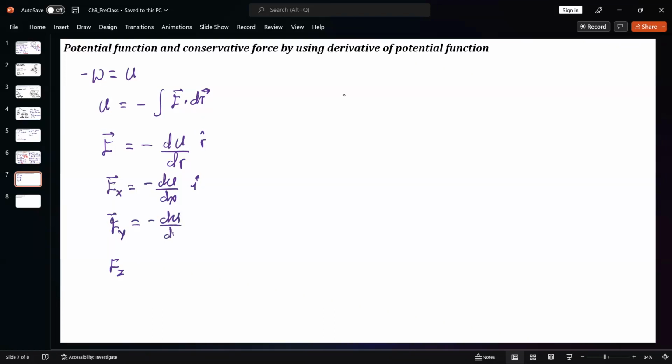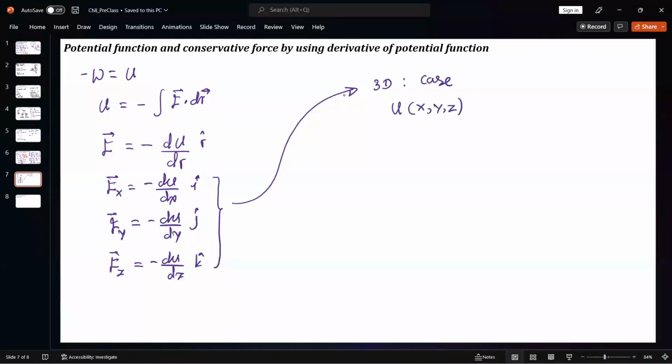Let's consider I have a 3D system, right? If I have a 3D case, then in such a case the potential can be a function of x, y, and z. Remember, the potential is a scalar, okay? Potential is a scalar function. If I take the scalar and then do the derivative, then I end up with a vector, right? So which means I can rewrite this force in the x, y, z direction as equal to negative du over dx.